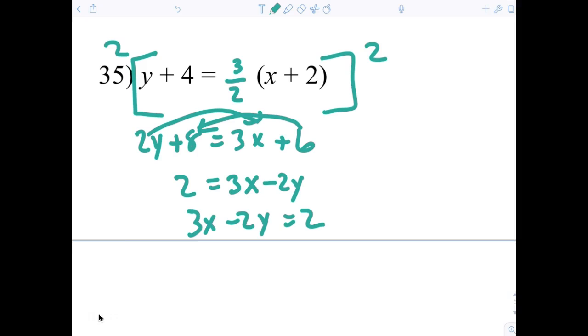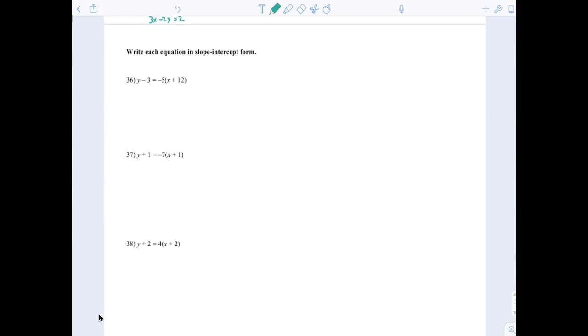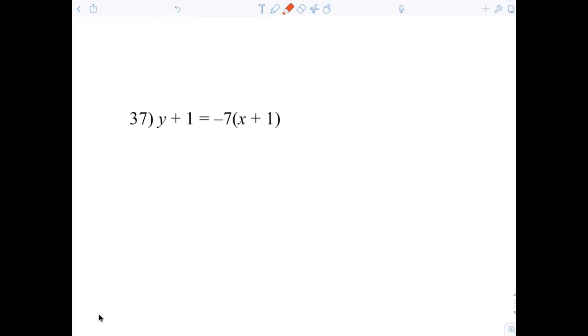All right, now let's do 37. Now I need to write it in slope-intercept form. So here you just have the equation. You're going to write it in slope-intercept, and again, slope-intercept is y equals mx plus b. So y plus 1 equals negative 7x minus 7.